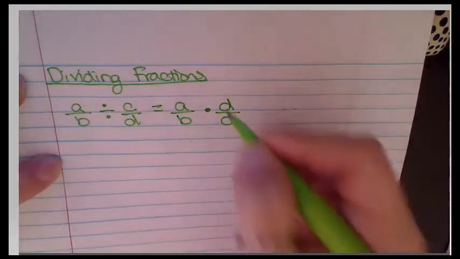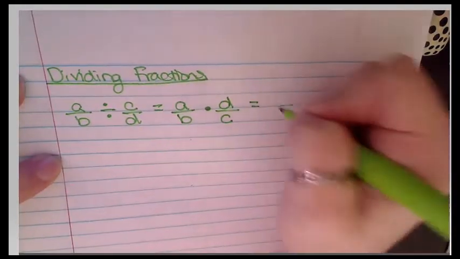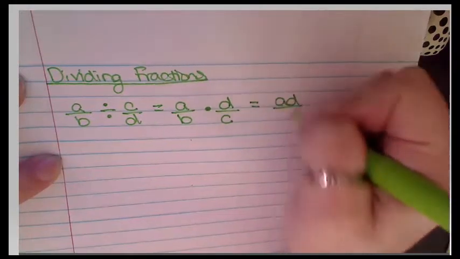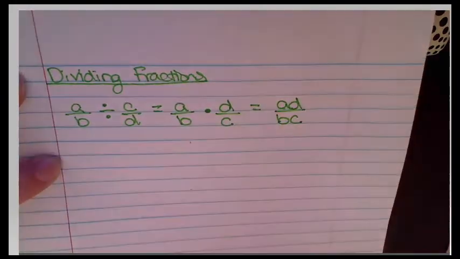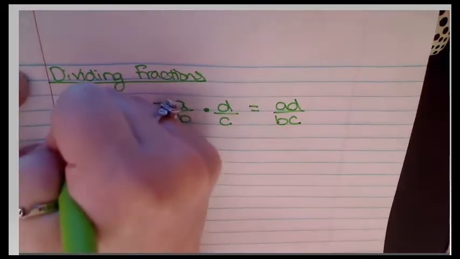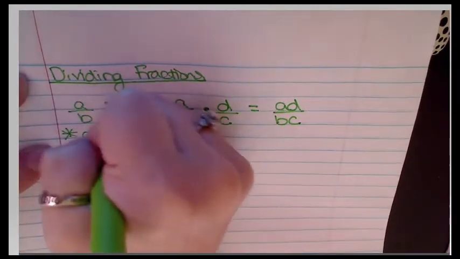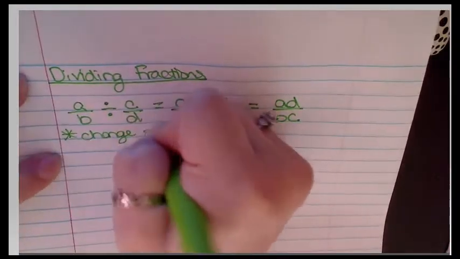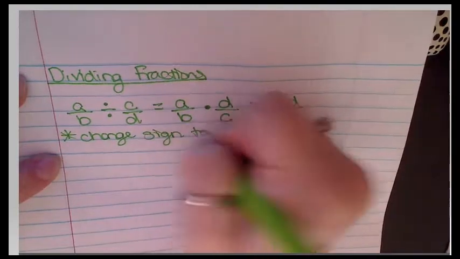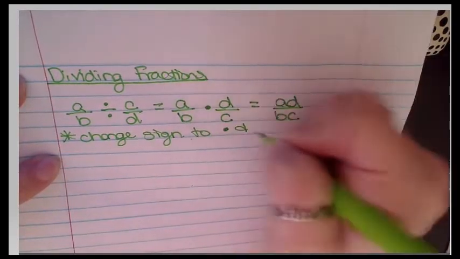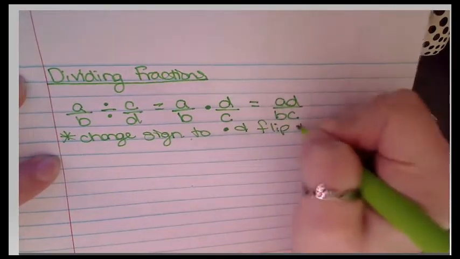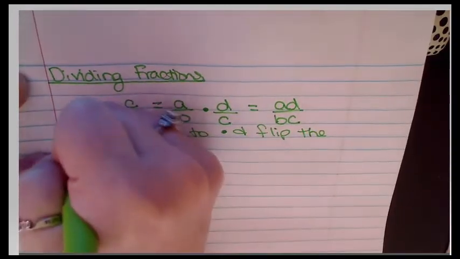Notice there's now D over C, so you just have AD over BC. So you're going to change the sign to multiplication and flip the second fraction.